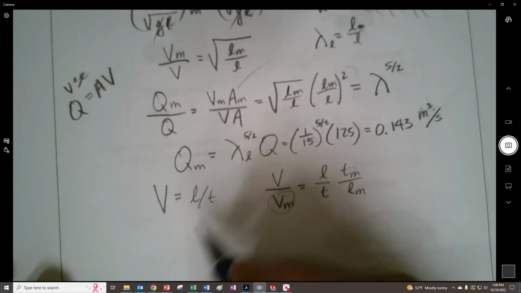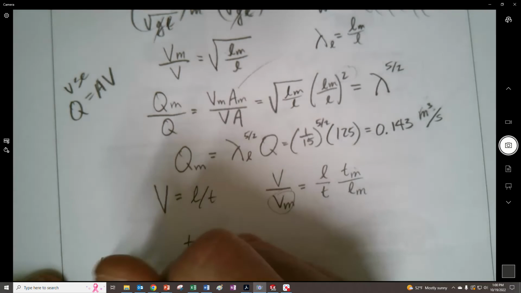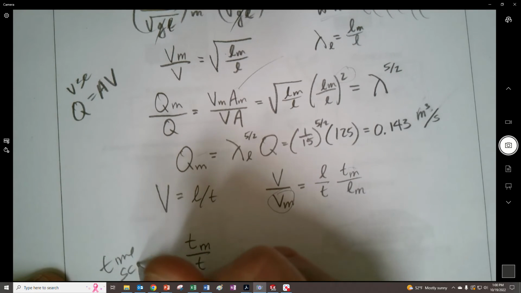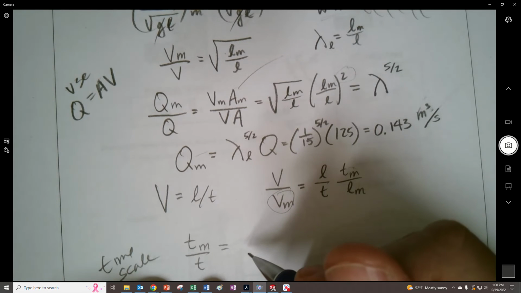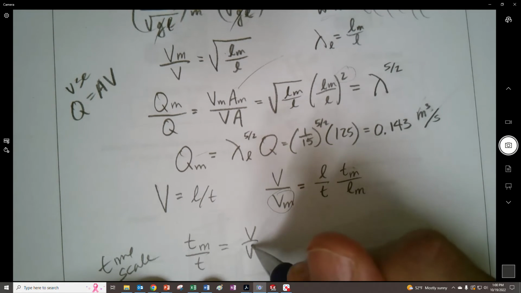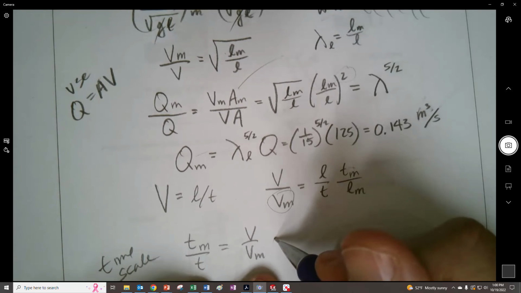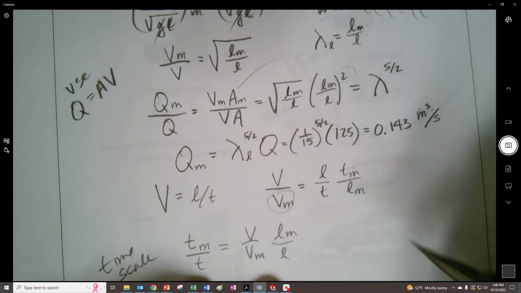We can have a time scale that can be rearranged, so let's see if I'm doing this the right way. Yeah, so we're going to have V over V_m, and then we're going to have L_m over L. Did I do that right?